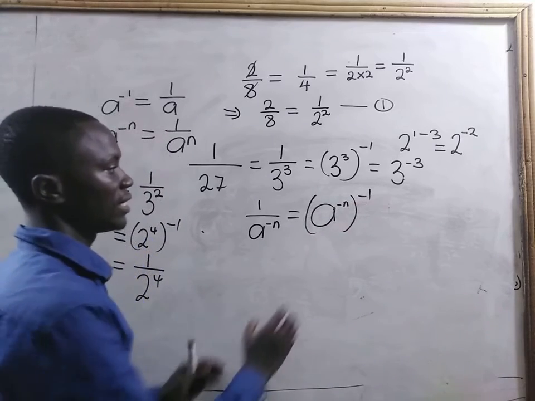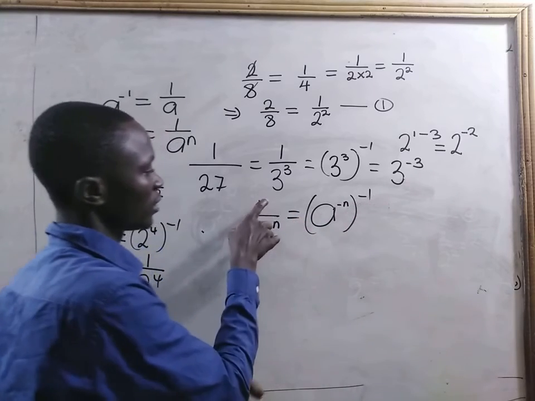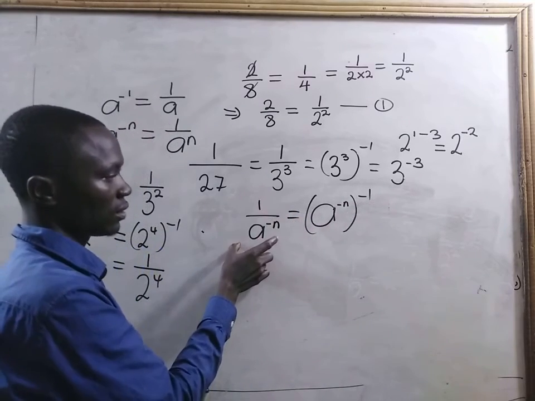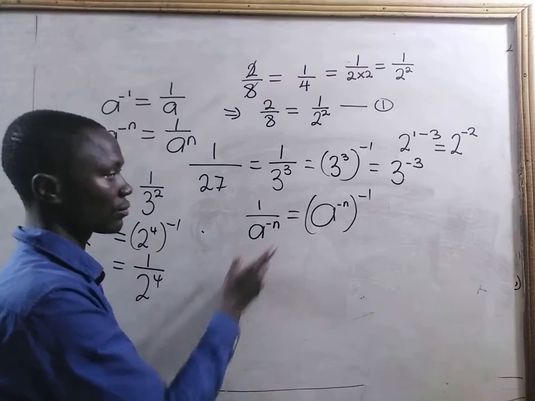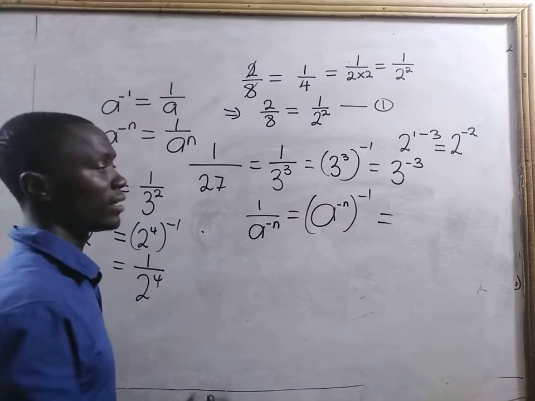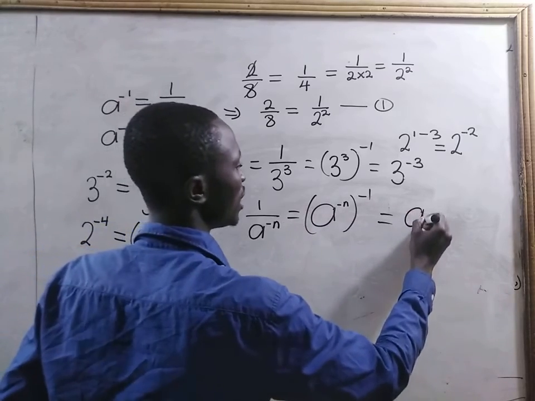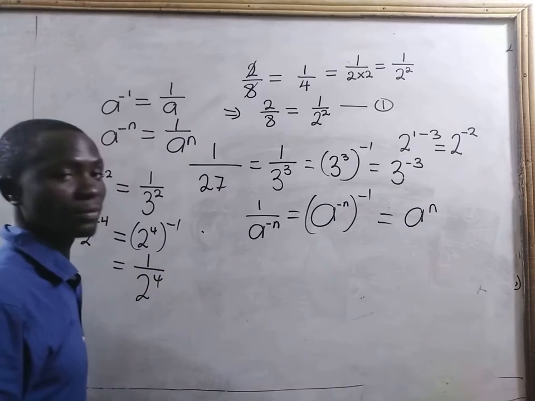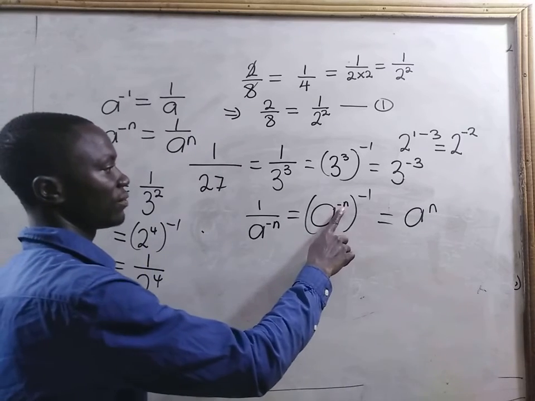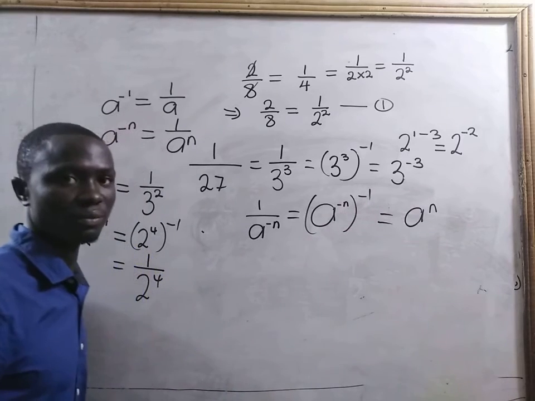Because we are saying that if you have anything power negative 1, it will change to 1 divided by that thing. So here, we will use the power to power rule to make it a power positive n. That is negative times negative will give us positive.